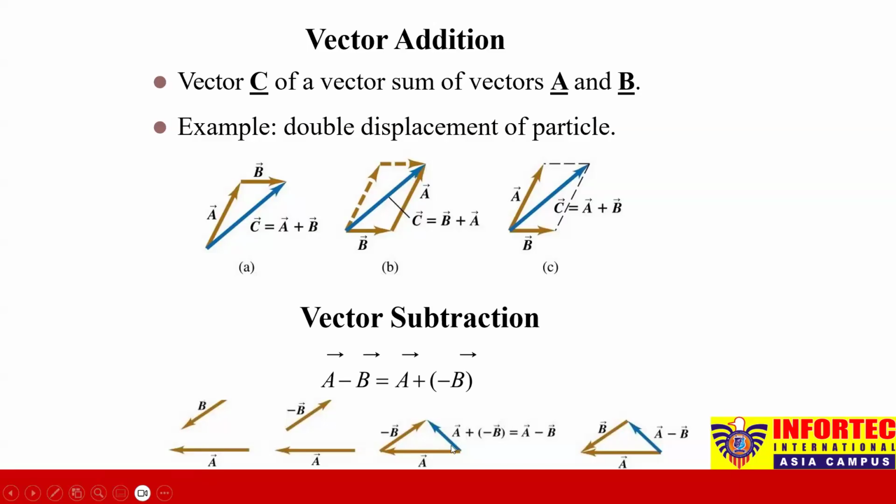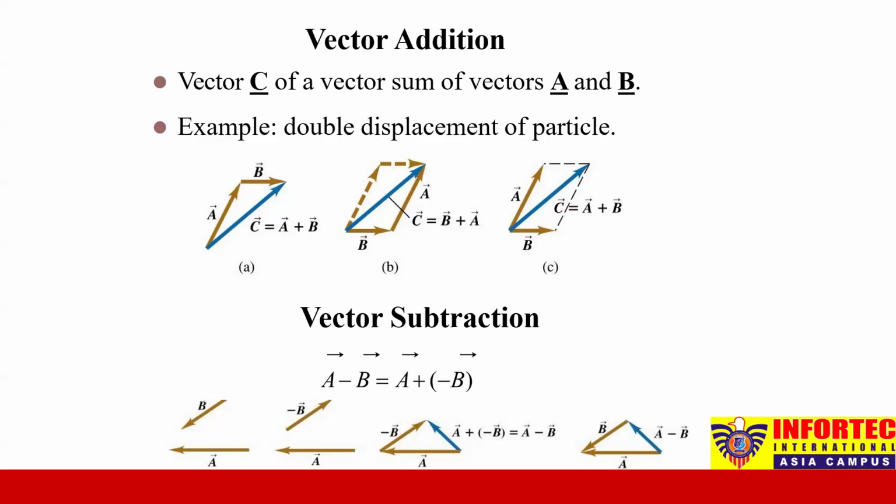Then we draw the diagram according to the head to tail method. First A plus minus B. Vector A you can see we draw here. At the head of the vector A, we fix the tail of the vector minus B. Right?